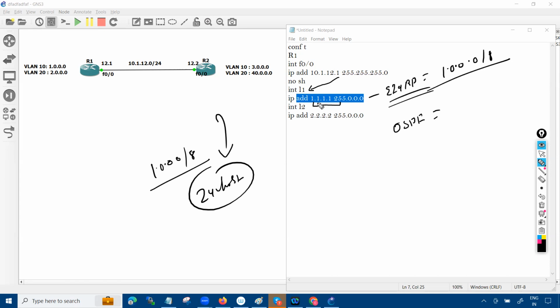Apart from this IP, you cannot configure any other IP address on it. So if you do the /8 configuration, OSPF will convert it into a /32 as a host route. A host route is a single route only for the particular host.